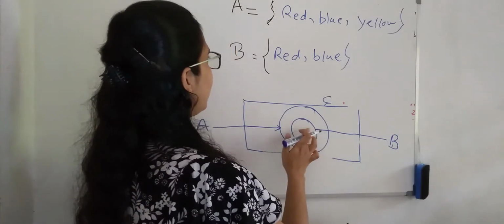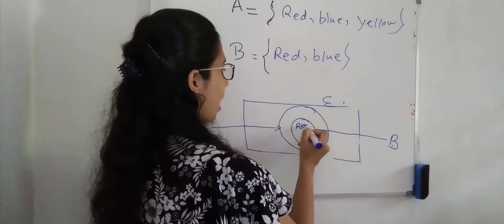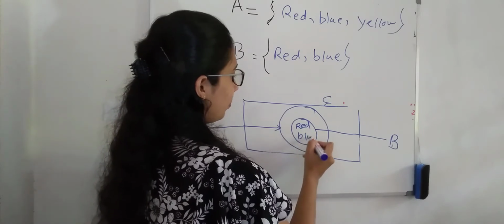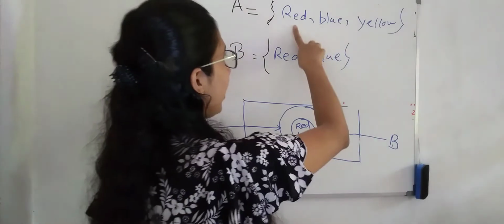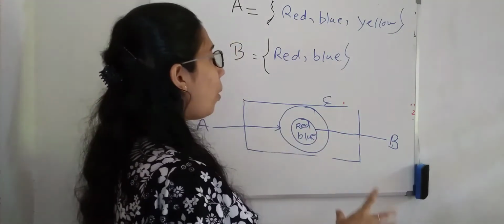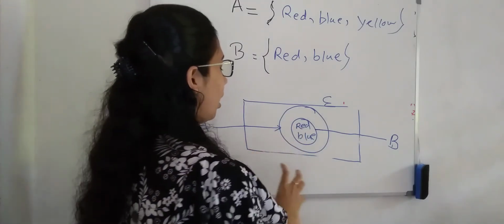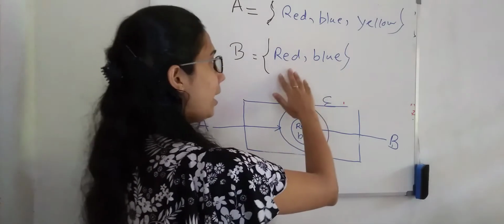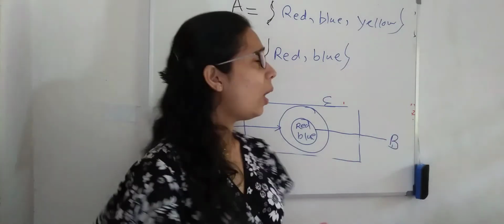So what are the elements in the set B now? Red and blue. So what are the elements in the set A? Red, blue and yellow. But we have already put two elements into the set A. What are those elements? Red and blue. Okay, understand? Okay.